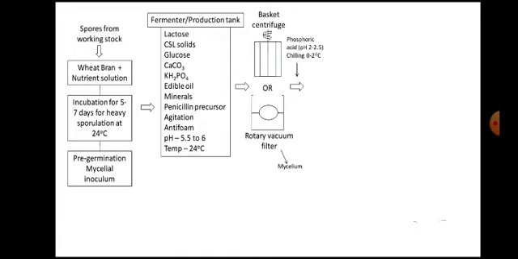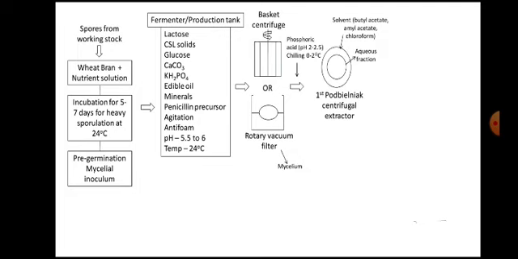Then this broth is acidified with phosphoric acid and the broth is chilled to 0 to 2 degrees Celsius. The pH is brought down to 2.5. Now it is solvent extractable. So this will go to the Podbelniak centrifugal extractor, where there will be addition of solvents like butyl acetate, amyl acetate or chloroform.